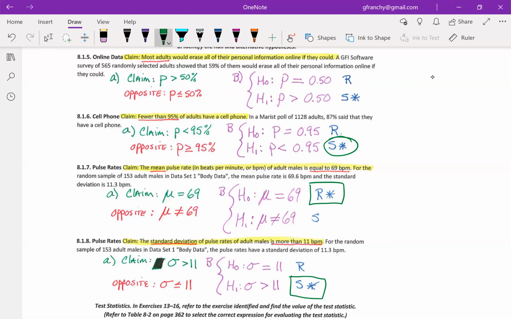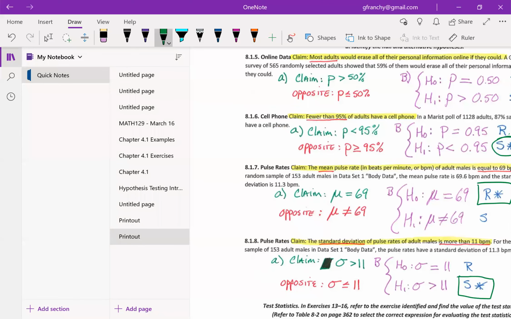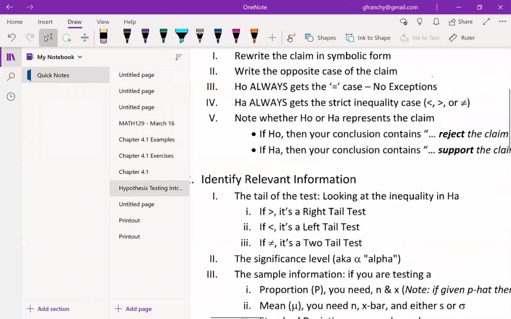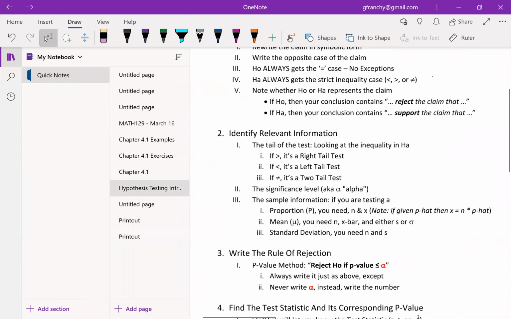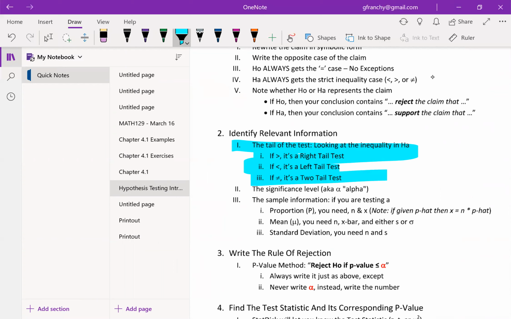There's one other thing that we're going to get out of the hypothesis statement, and this relates back to this second case here, and that's identifying the tail of the test. In the tail of the test, we look at the inequality in the alternate hypothesis.